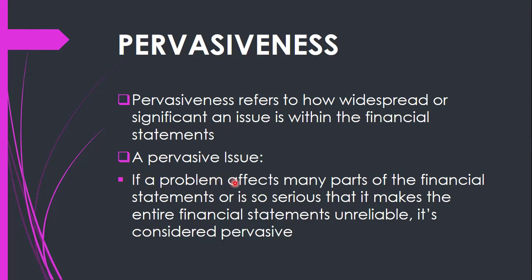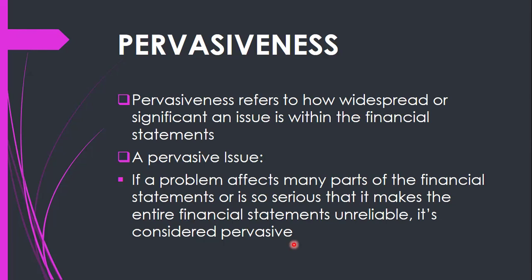A pervasive item occurs if a problem affects many parts of the financial statements or is so serious that it makes the entire financial statements unreliable, right? So that item which makes the financial statements unreliable because it affects many aspects of them is pervasive.